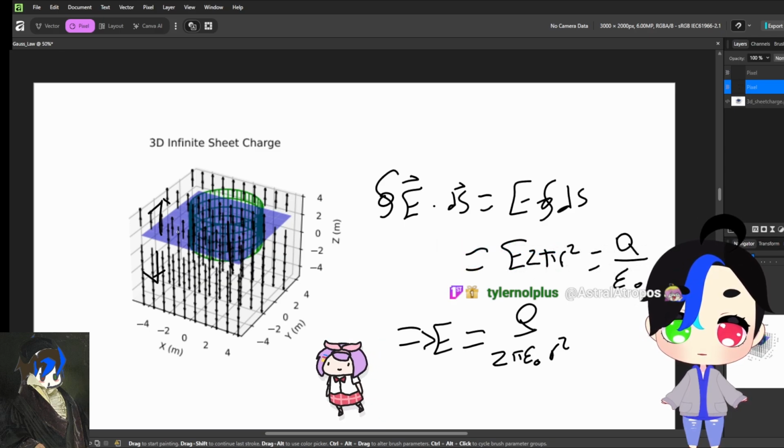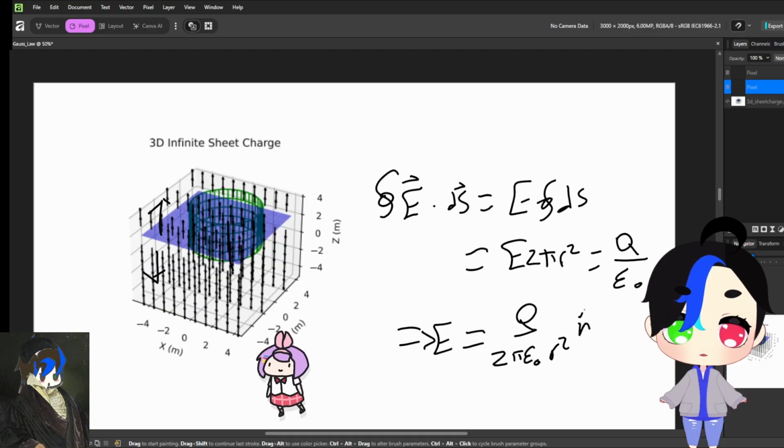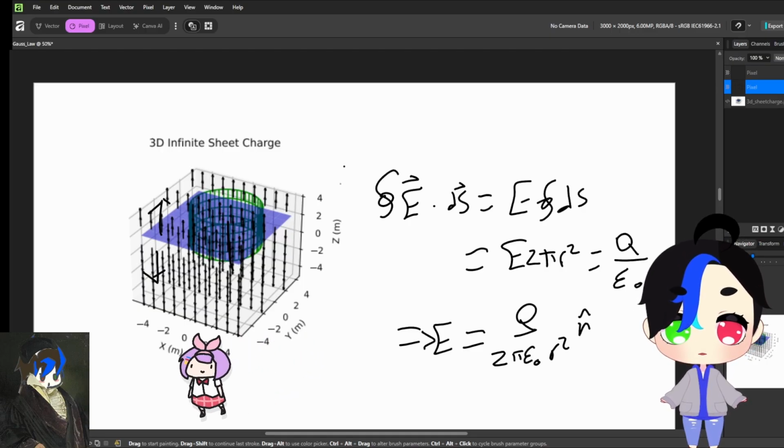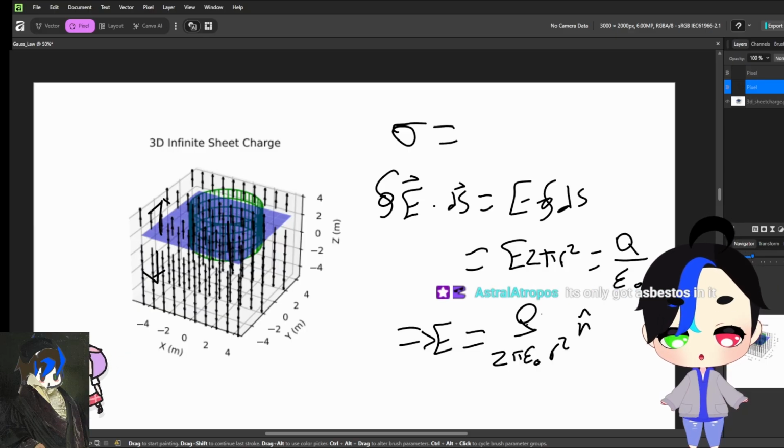So yeah, the vector that points away from this plane, I'm just gonna call it n hat for normal vector because it's normal or perpendicular to the surface. So if you'll notice, if you have an infinite sheet of charge, obviously your total charge is going to be infinite.